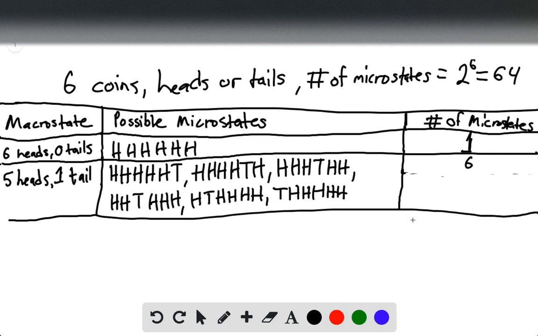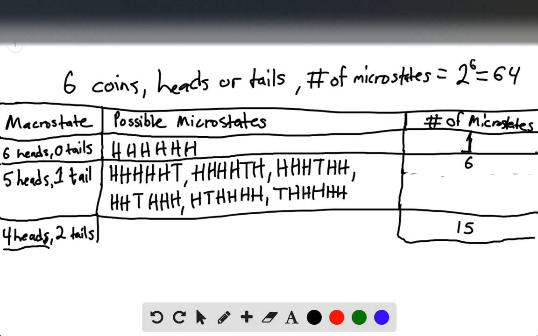So this will be 4 heads, 2 tails. And the number of microstates here, I would say, is 15. Let's see.